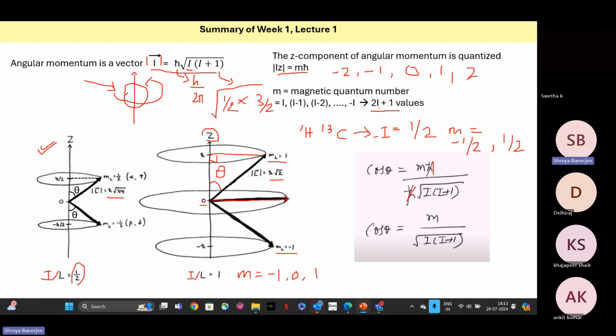So 2 into 2 plus 1, total there are 5 possible m values. So there are 5 orientations of the vector possible. So this I is said to be quantized into 2I plus 1 states. So this is how the spinning motion of the nucleus translates into different angular momentum vectors having the same magnitude but different directions. And the direction is denoted by this angle theta.